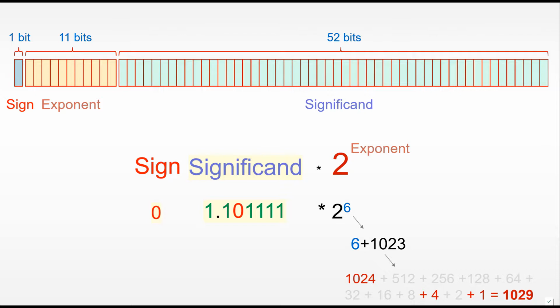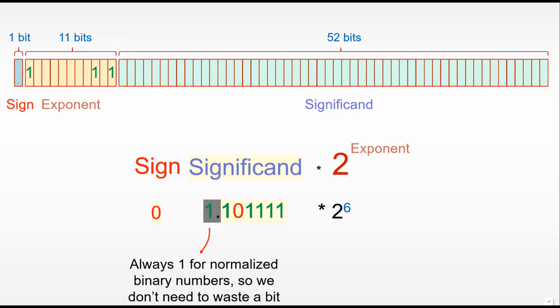So 6 plus 1023 is 1029, and the numbers that represent 1029 are shown in red below. If you look on the top left, the ones that we need to put in the exponent are the following. We need to put one right on the left of the exponent and then 2 more ones towards the right hand side. So this is the exponent that is needed.